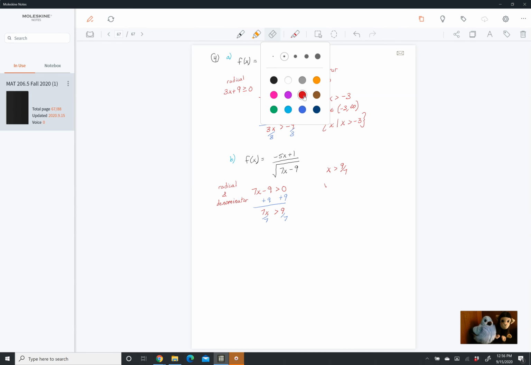Okay, and this should be getting easier for you. That means that we start at 9 over 7. It's not included, so when we have the radical in the denominator, you're always using parentheses in your interval notation. We go to infinity, or x such that x is greater than 9 over 7.